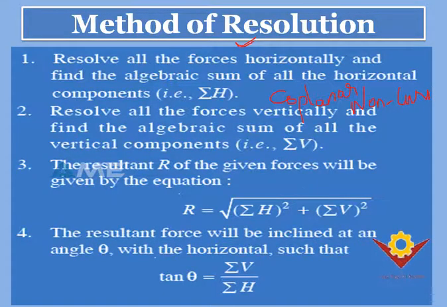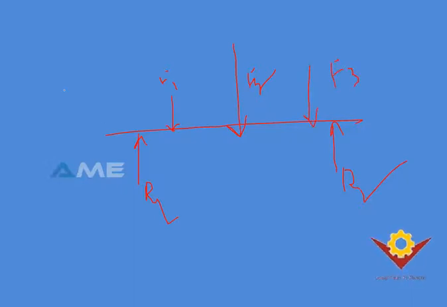So first we'll see the forces which are acting on your body, which are coplanar and non-concurrent. Just think that this is your beam with reaction R1 and this is reaction R2, and now a number of forces are acting on this, like F1, F2 and here F3, and take another force which is acting in some inclined position of theta, like F4.